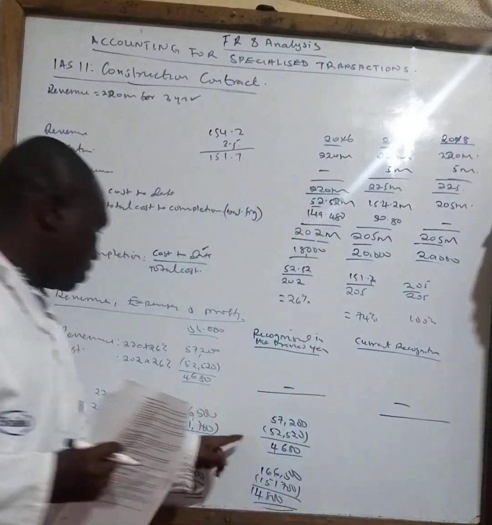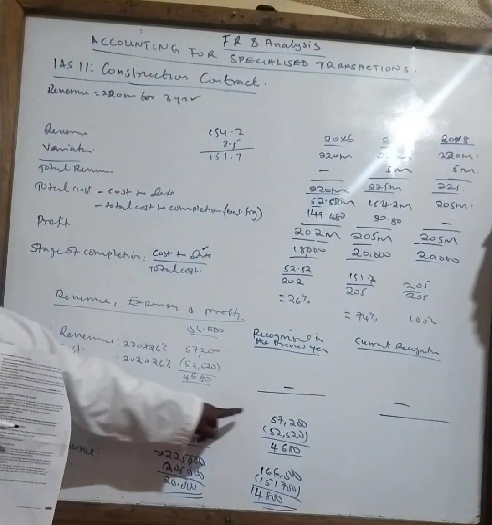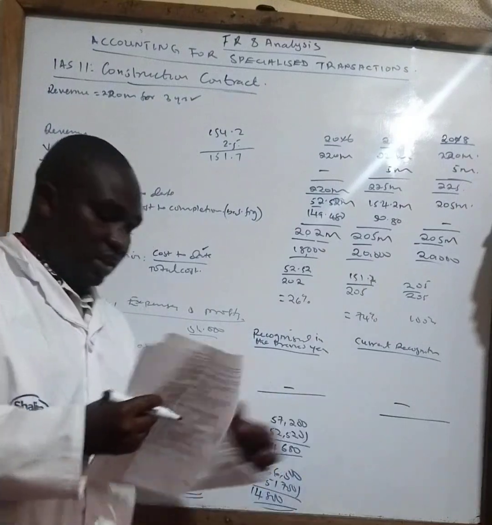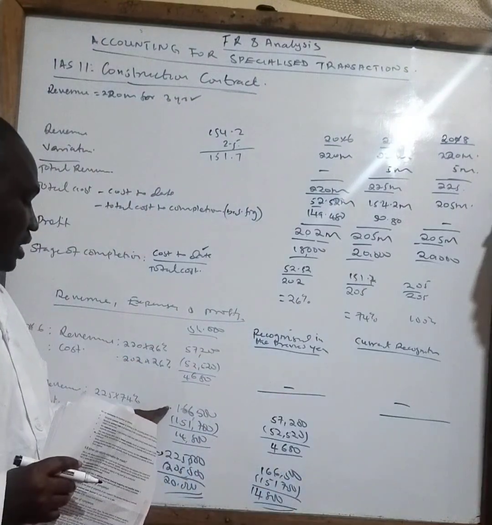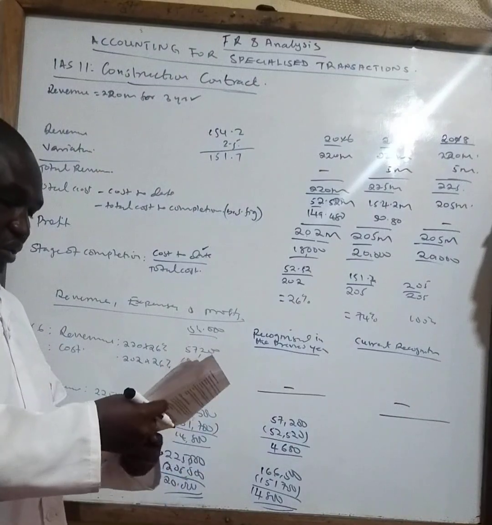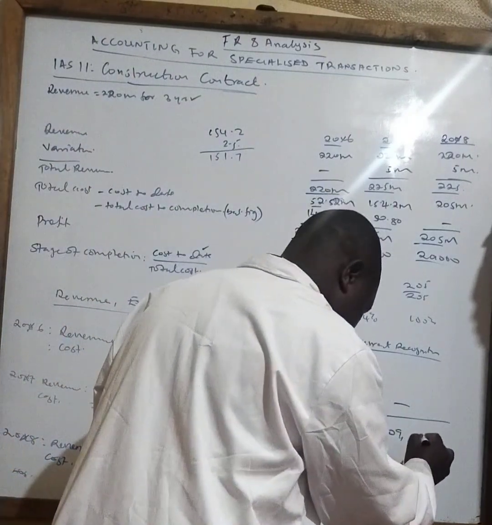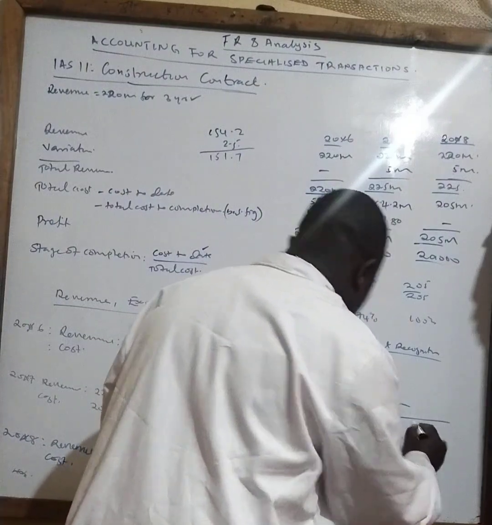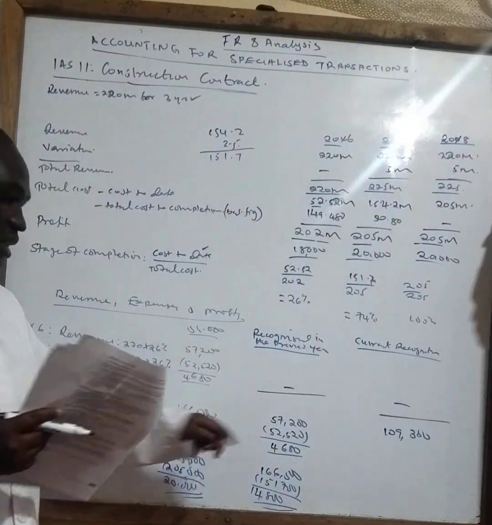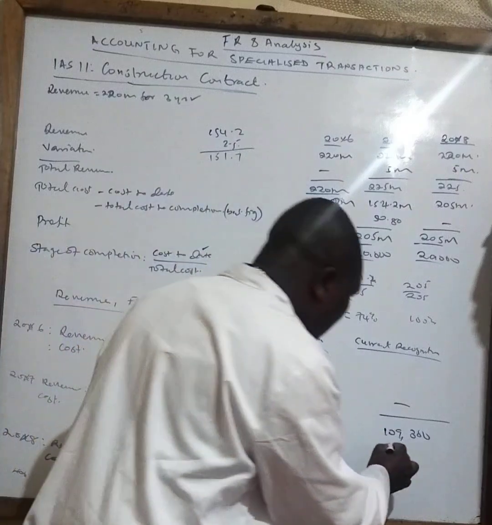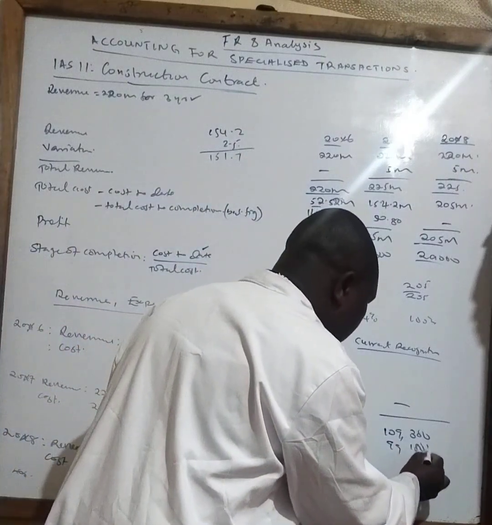But when it comes to this, this year minus the previous year, you get the current. So in this case, it will be 166,500 minus 57,200. If you work out carefully, you will get 109,300. Then this minus this, your answer is 99,180.